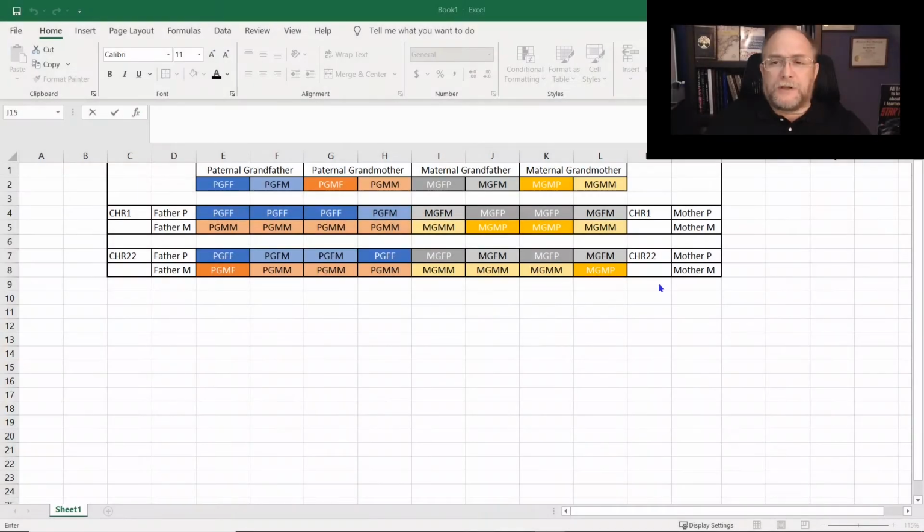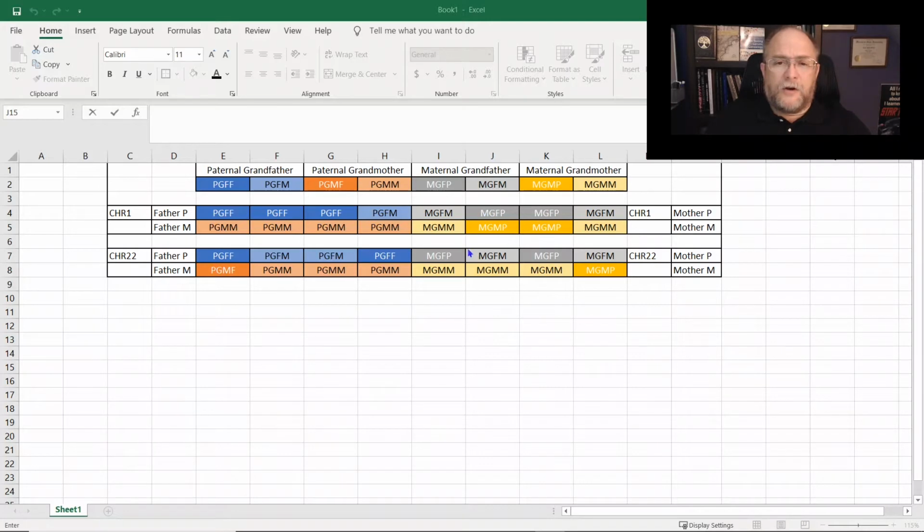Okay, so I finished filling out the table, and I'm going to go back through it again. I put a recombinational block together that represents what each of your parents received from their parents, which was from their grandparents. So for the maternal side, from the mother's side, her grandma's DNA on the first half, her grandfather's DNA in the middle segments on chromosome number 1, and then again her father's grandmother on the end segment.